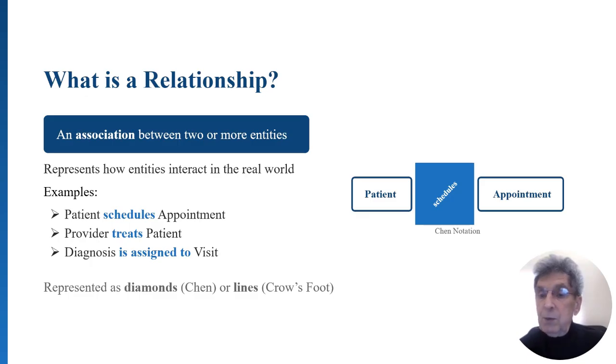You'll see a diamond labeled schedules between patient and appointment rectangles. In crow's foot notation, relationships are simply lines connecting entities, sometimes with a verb label on the line. Relationships eventually become foreign keys or junction tables in your actual database. That's the implementation. But at the entity relationship modeling stage, we're just documenting that a connection exists.